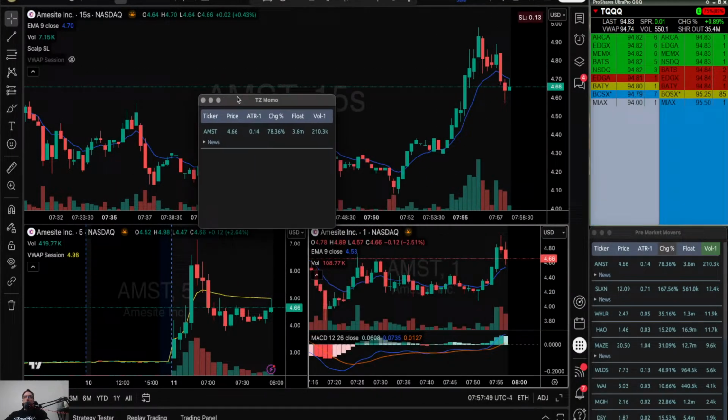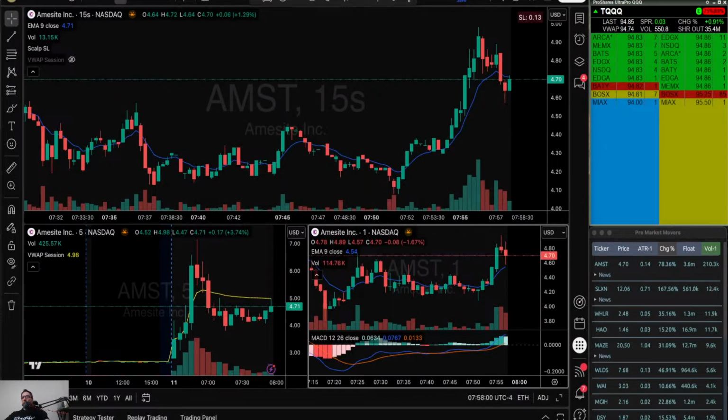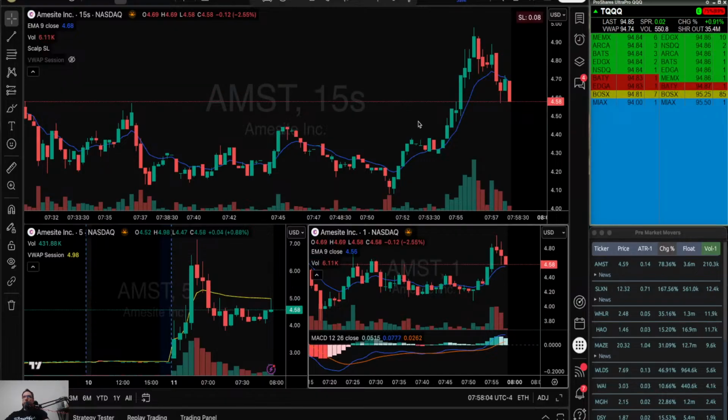AMST, as you can see on the Momo scanner, has a catalyst. AMST showed up on the Momo scanner, which means that I need to be faster with the Momo scanner. I think it's scanning every 30 seconds, to be honest.